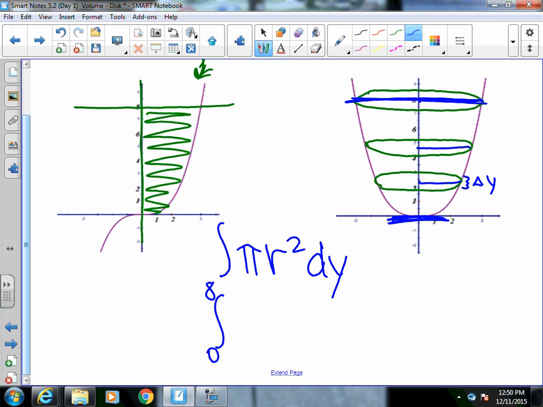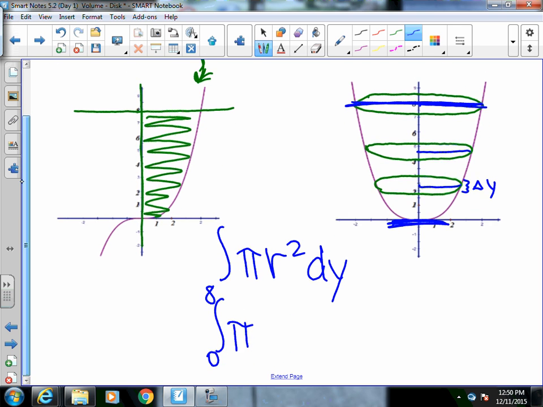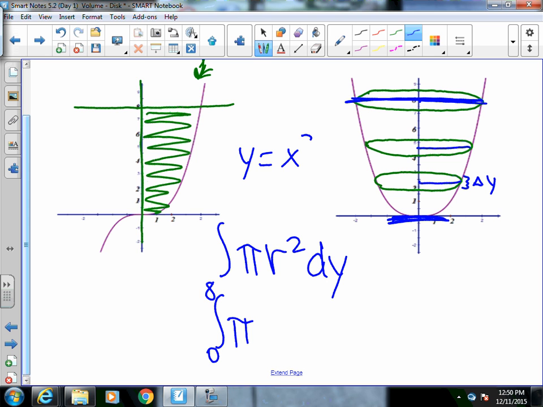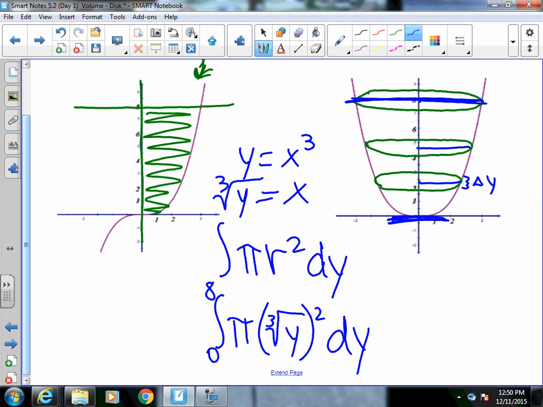Our radius has to be in terms of y, which means we need to take this y equals x cubed and solve it for x. So x would be the cube root of y, and I'm going to put the cube root of y in for my r, because this distance is the cube root of y.